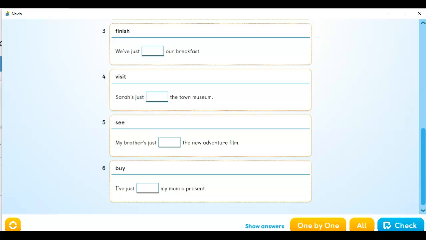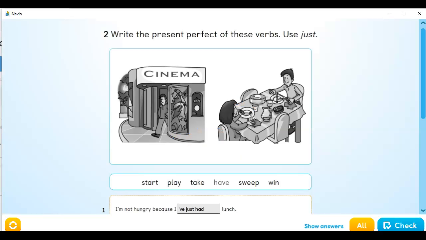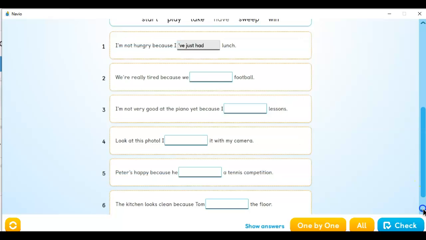Okay, so you have the sentences. In this exercise you have to write the present perfect and add that special information. I show you the sentences, and here you have the verb to fit.